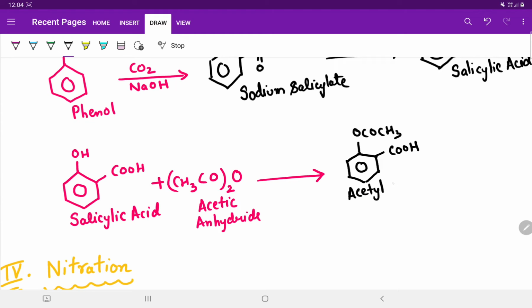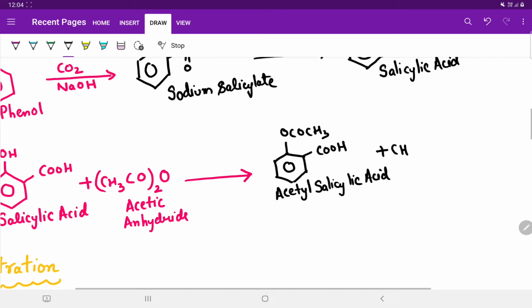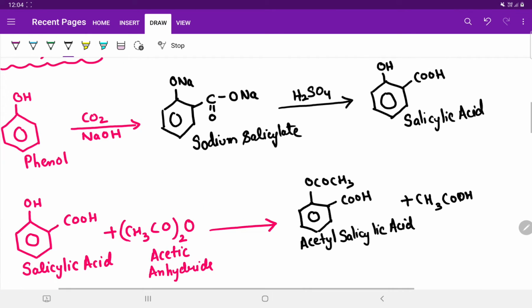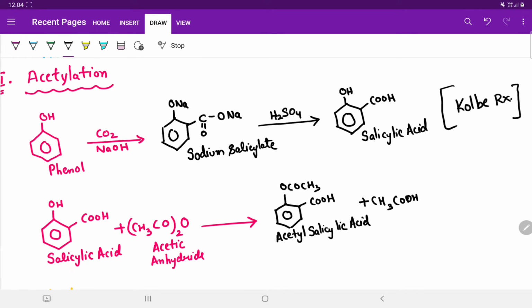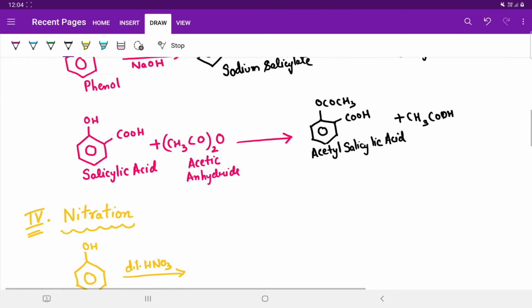This is acetyl salicylic acid plus a molecule of acetic acid is also released. So this reaction is known as Kolbe reaction. So this can also come in your examination as a separate question that define the Kolbe reaction.